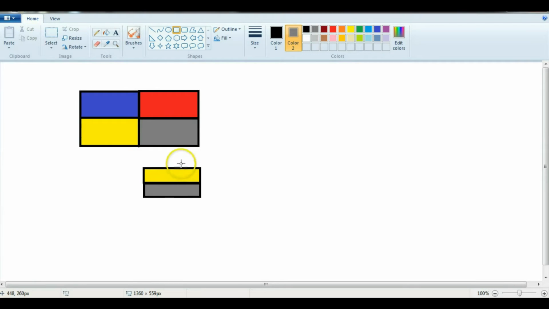Okay, what if I was to then do this, and I'm now going to take this and divide it like that, and I say, okay, let me get some red in there. There's a little bit of red, and then let's get a little bit of blue in there, and you would say, okay, there's my subset of my population.